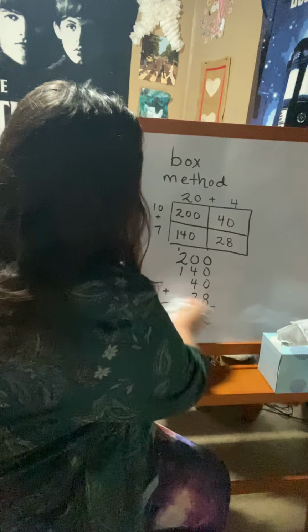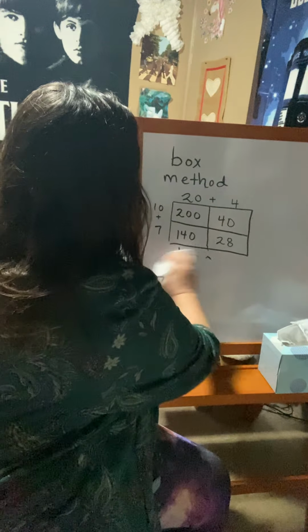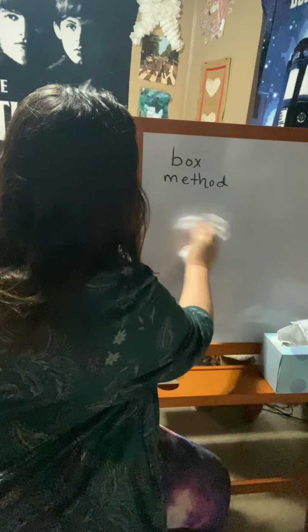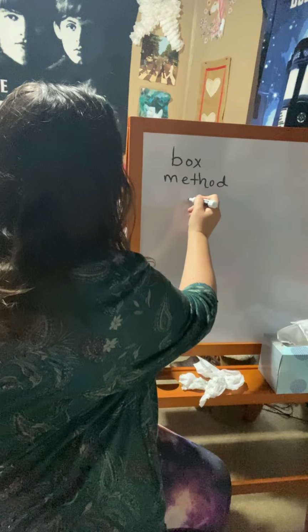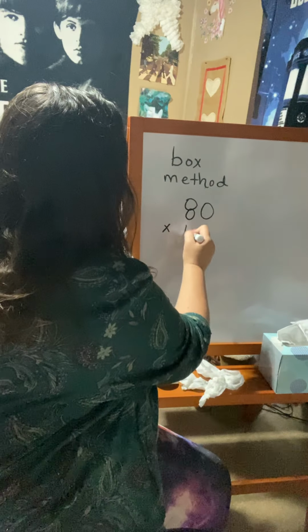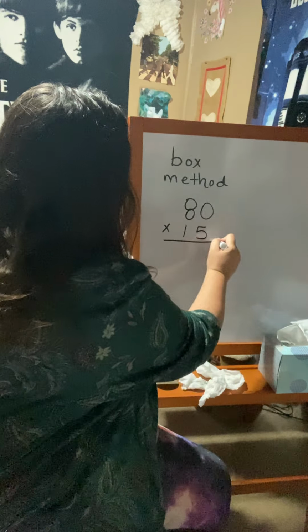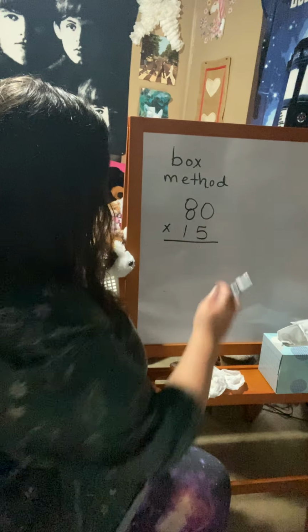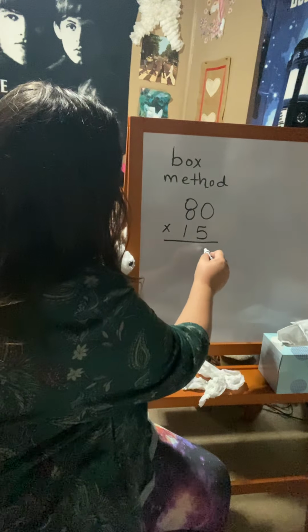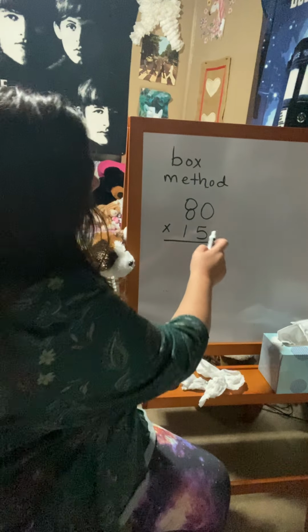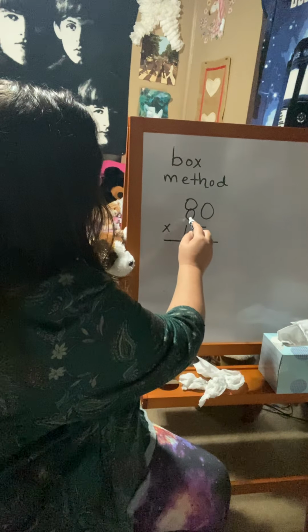Now let's do those problems with partial products. The first one is 80 times 15. So the partial product of 5 times 0 is 0. That's easy. What is the partial product of 5 times 8?